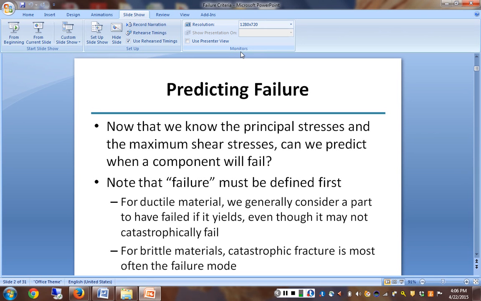Because we cannot add shears and normals, you have to do the transformation and find the principal stress values. Once we have those principal stress values, that's what we can use to apply different failure criteria.